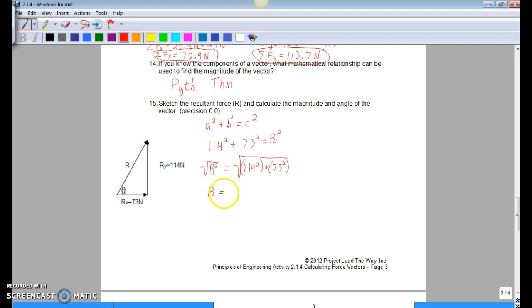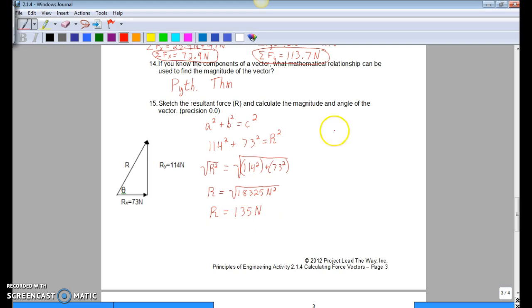And we get, in our calculators, if you run the numbers, if you wanted labels, that's newtons squared. So our resultant force is 135 newtons up and to the right.